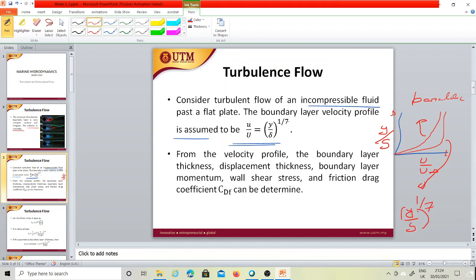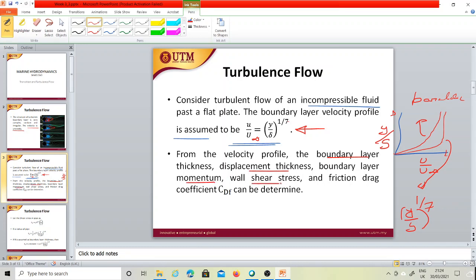It means that we consider the relationship u by u infinity is equal to y by delta to the power 1/7. So we always consider this one when we consider the turbulent flow. Okay, so if you have this relationship, based on that we can actually derive the boundary layer thickness, displacement thickness, right?